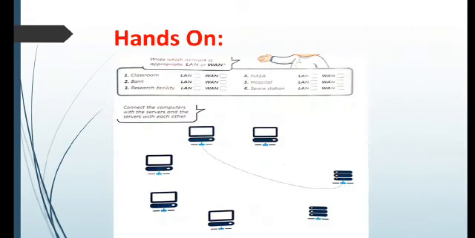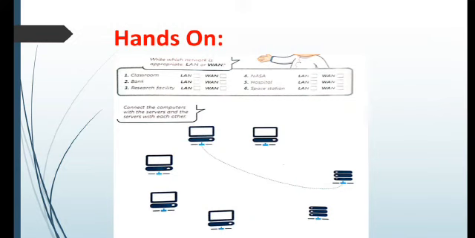Hands-on, it is your home assignment on page number 53. Write which network is appropriate, LAN or WAN. Here are some locations: classroom, bank, research facility, NASA, hospitals, space stations.